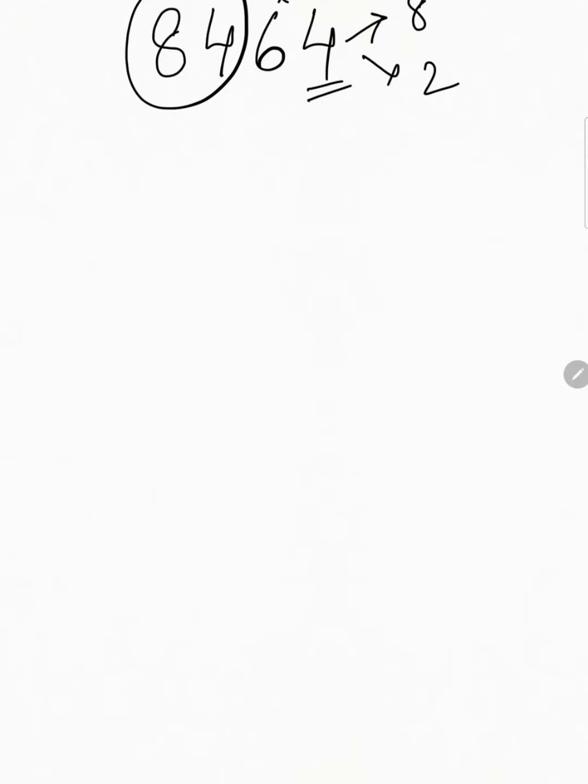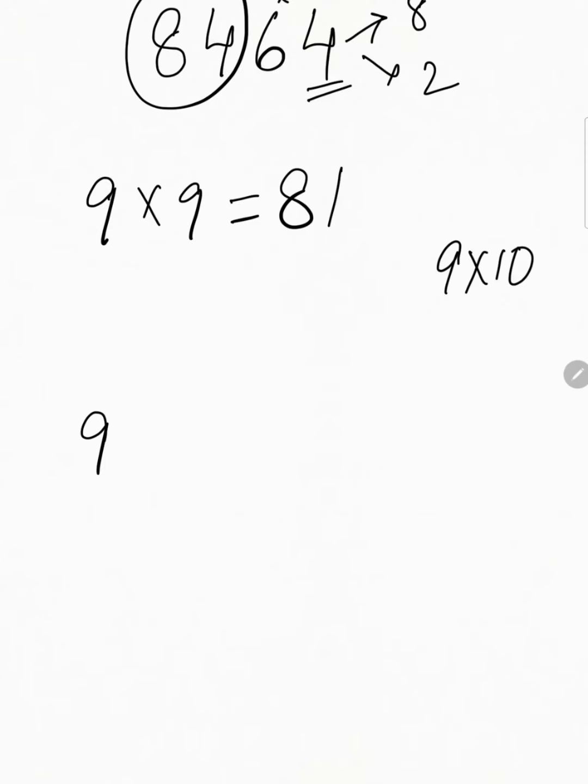Now we think of a digit which when multiplied by itself gives something close to 84. So what we find is it is 9. Now 9 into 9 gives us 81. So we know that 9 is one of the digits of the square root. Next we multiply 9 by 10 and we get 90.